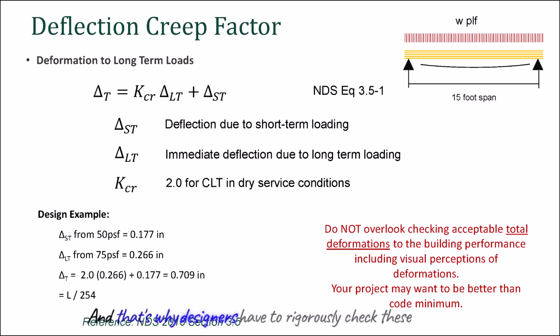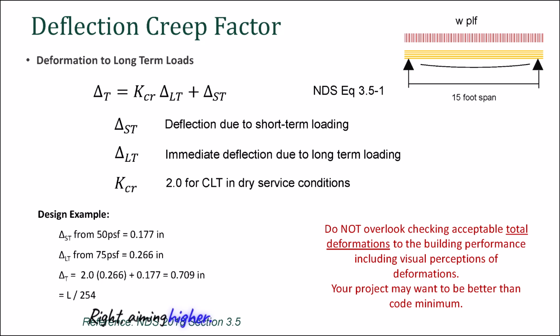It is, and that's why designers have to rigorously check these total long-term deformations. You definitely don't want a floor that looks perfectly flat on day one, but then visibly sags after a few years. That can cause problems, like doors sticking or finishes cracking. Yeah, that makes sense. And frankly, many projects aim for better performance than just the bare minimum required by building codes, especially regarding visible sag.